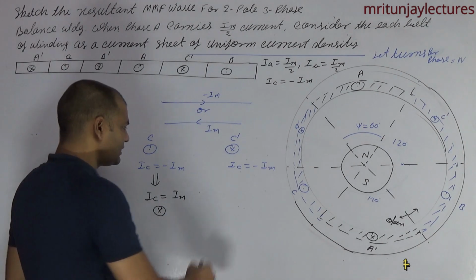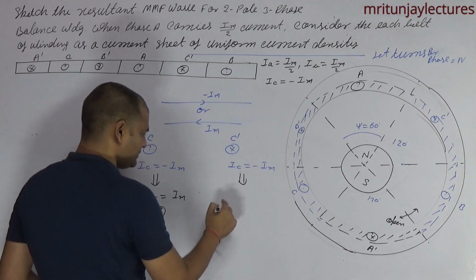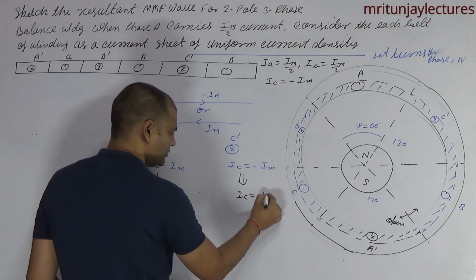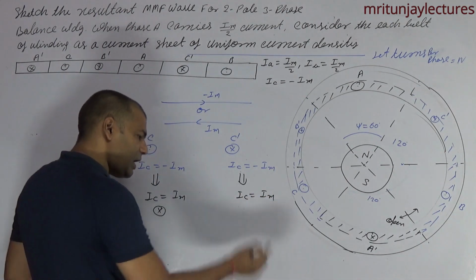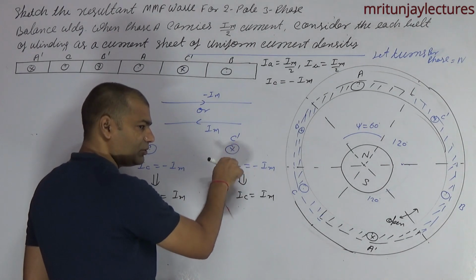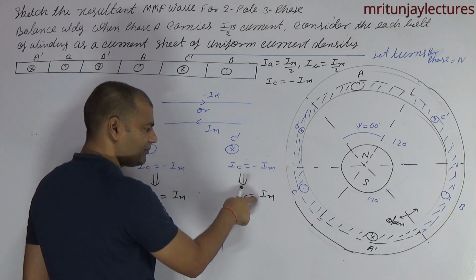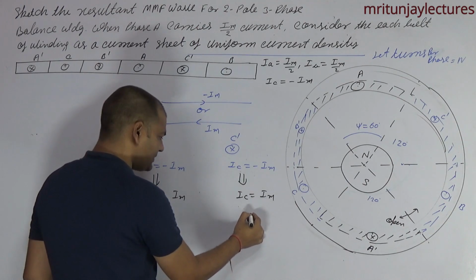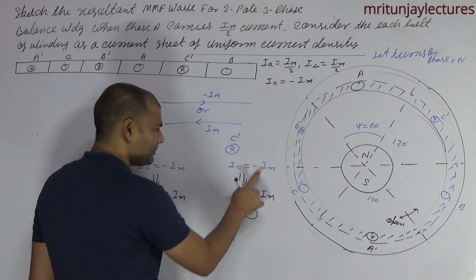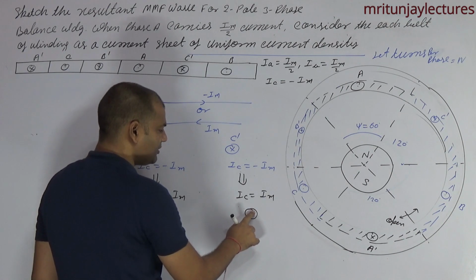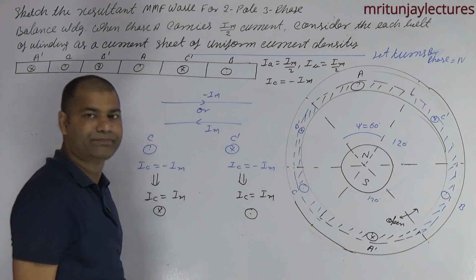What about the direction of current? Here cross after minus Im, the direction of current is represented like this one.